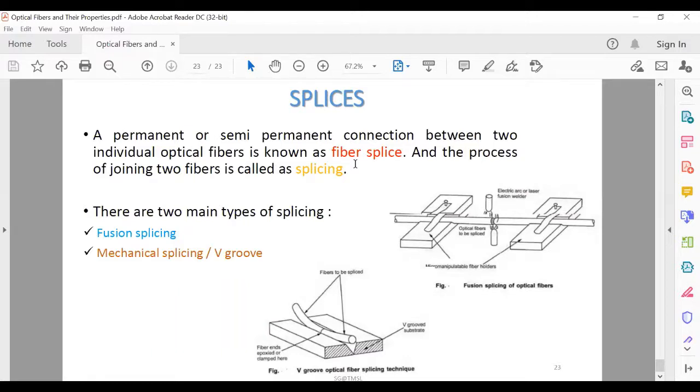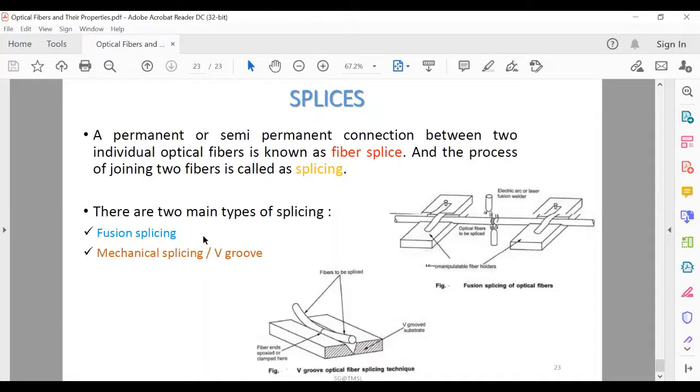So splices offer lower attenuation and lower back reflection than connectors, and are much less expensive. So there are two types of splicing. One is called fusion splicing, another is mechanical splicing or V groove.